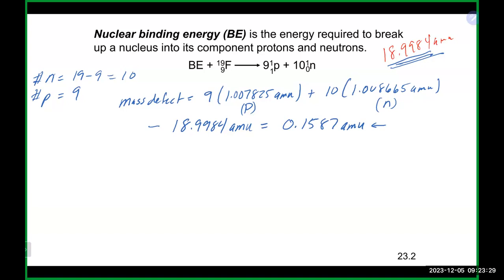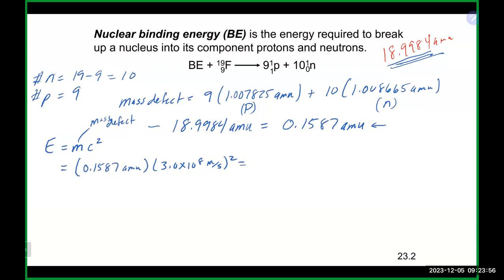At this point, you could use, for old time's sake, our friend Einstein and his equation, E equals mc squared, where the m here is the mass defect, which is what we just calculated. So if we put that in there, that would get us 0.1587 AMU times 3 times 10 to the 8 meters per second, squared.